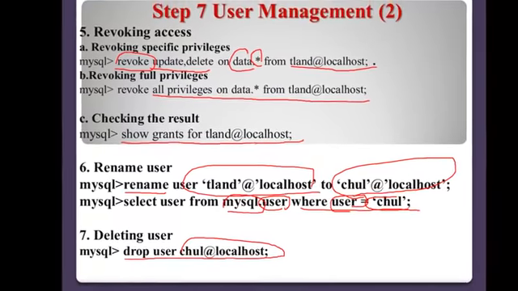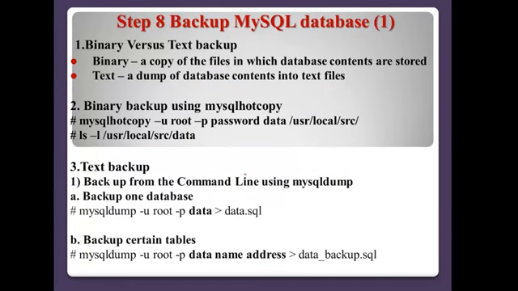Okay, now let's go to step 8, the backup of the MySQL database. For the backup, there are two ways supported by MySQL here, binary backup and text backup. Binary backup is a copy of the files where database contents are stored.